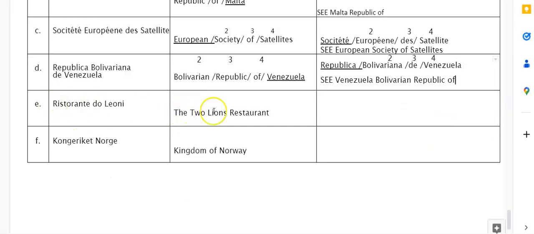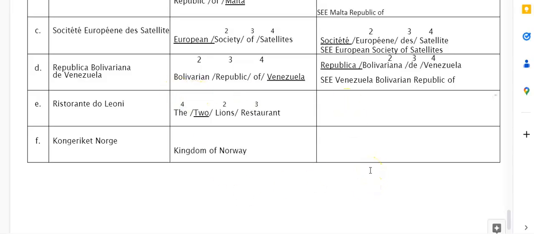Here we have the Two Lions Restaurant, which is a business name. And remember, as we learned a few weeks ago, that if a business name begins with the word the, it's the last unit. And so that means the word two is our key unit. The would be unit 4. Lions is unit 2. Restaurant is unit 3.